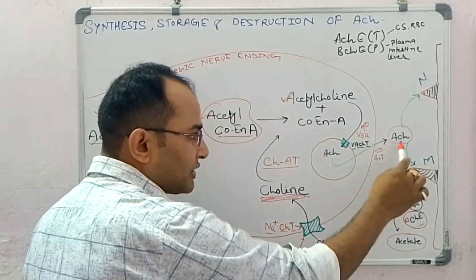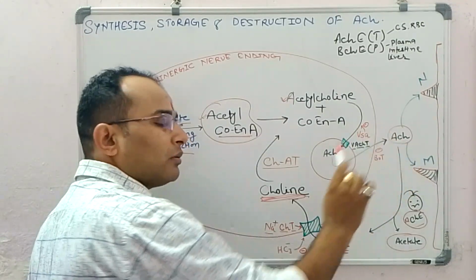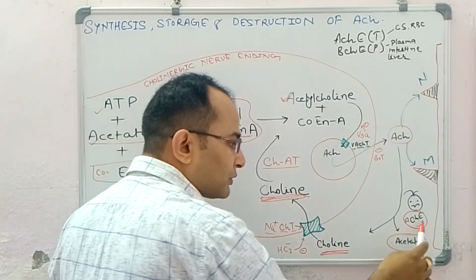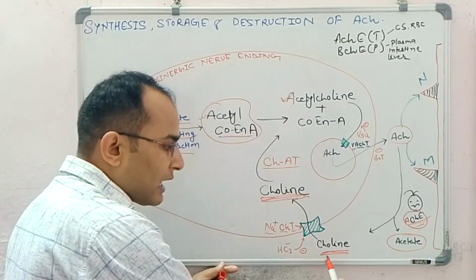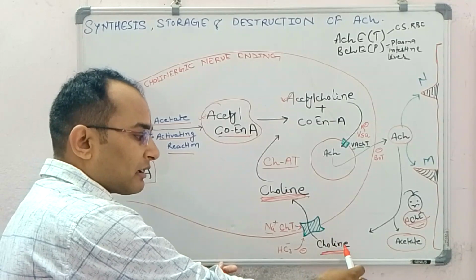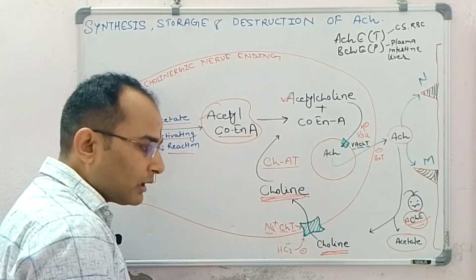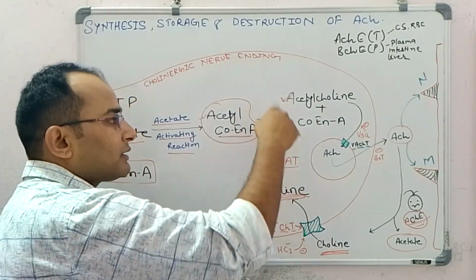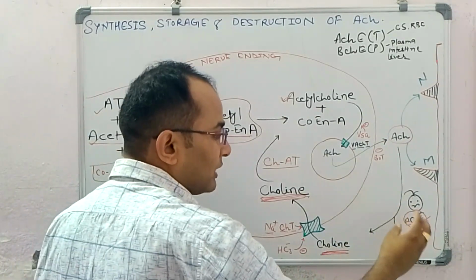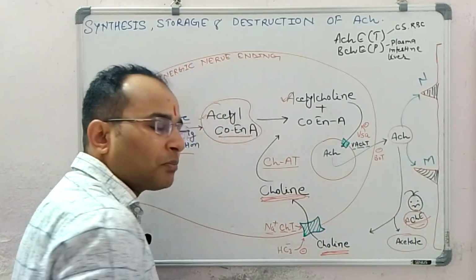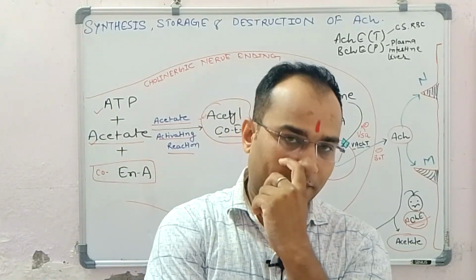The choline, which is the byproduct of acetylcholine metabolism due to exposure to acetylcholinesterase, will be taken up or recycled by the sodium choline cotransporter, and again it is used in synthesizing acetylcholine. So acetylcholinesterase is responsible for degrading the acetylcholine in the synaptic cleft.